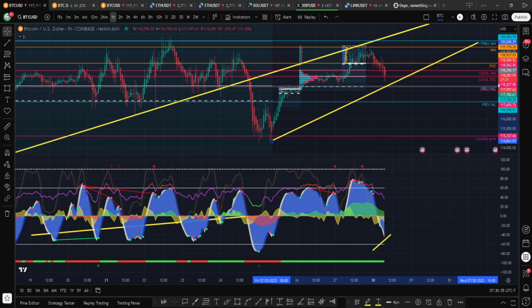Since we're going short, you can set it to 118,350, but to cover the fees, we'd have to go a little higher, right? So let's just do that. Show you how to do that now so we don't lose any money on this trade, even though we're going lower.